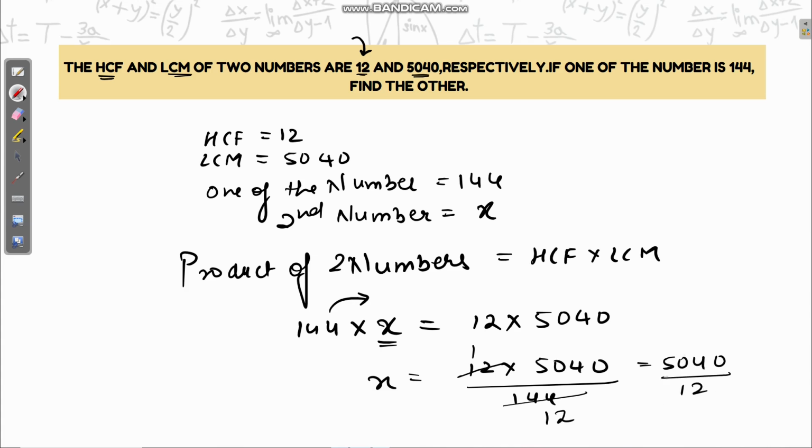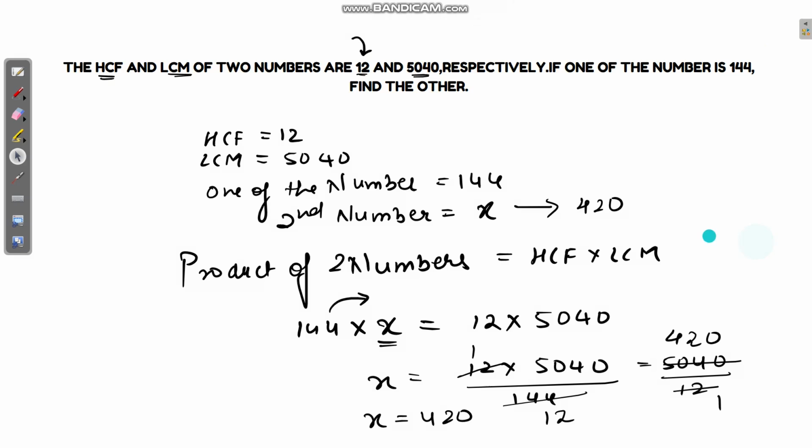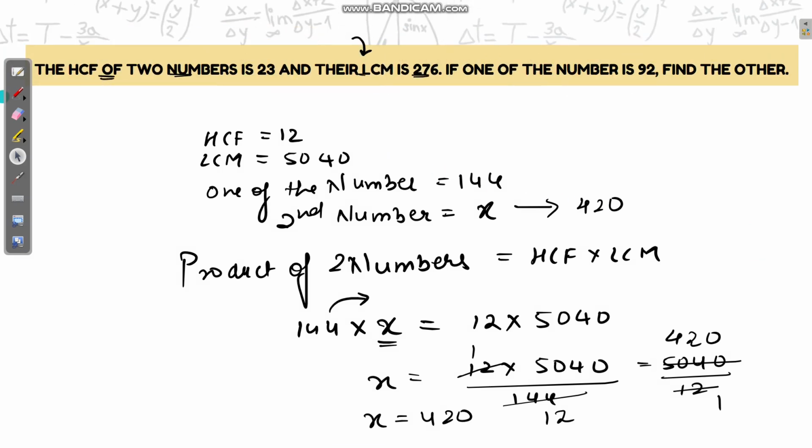See, you will always get a number which you can directly cancel. So if you notice, 12 ones are 12, 12 fours is 48. So this becomes 24. 12 twos is 24. So your answer over here, X is 420. So what is X over here? X is nothing but the second number. Okay, that is 420.